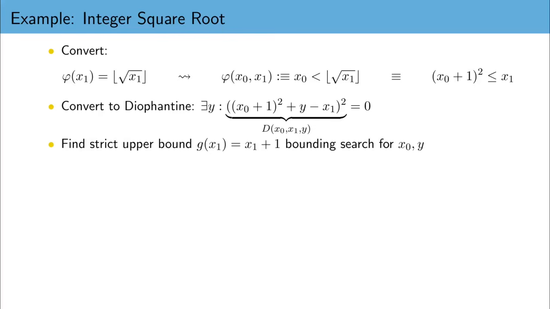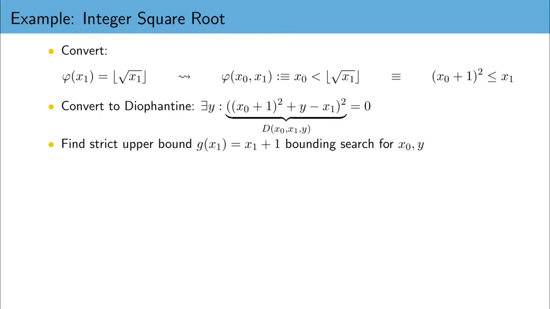For this example, x0 and y must both be less than or equal to x1, so x1 plus 1 is a strict upper bound. Normally, in order to get this strict upper bound, you'd have to reason about how long the computation took, and then use that to give you bounds on the intermediate variables y that the MRDP theorem spits out.